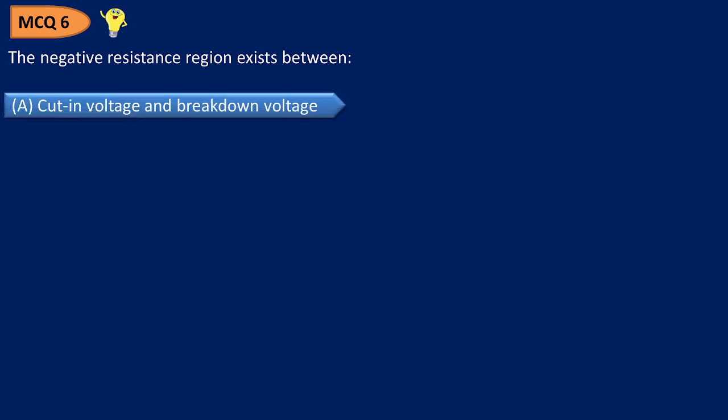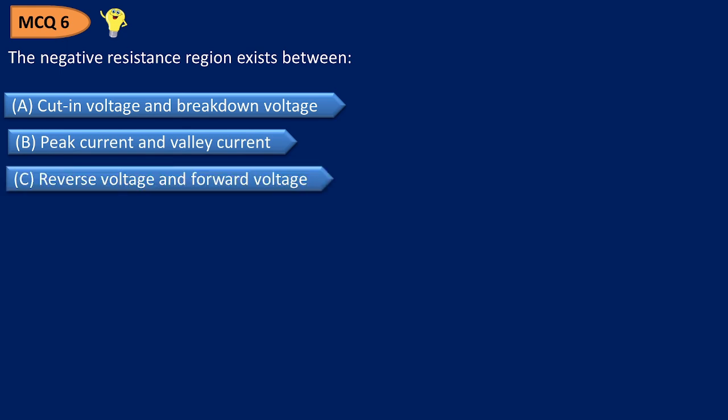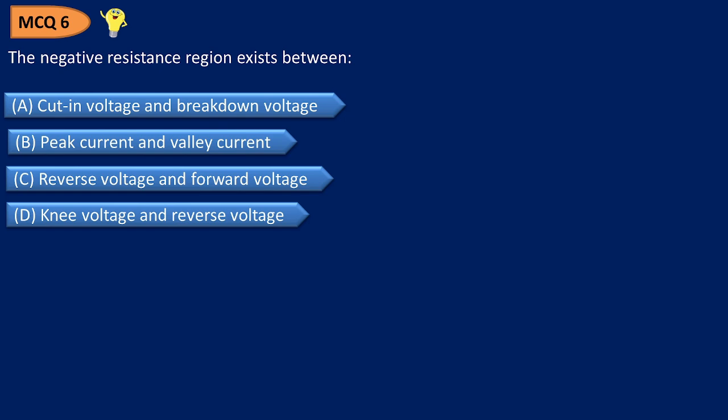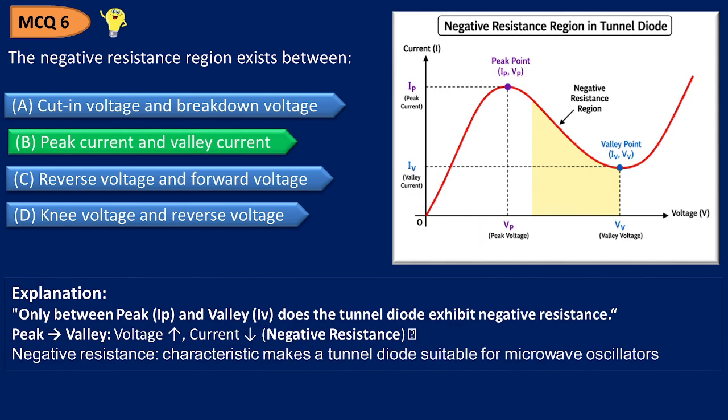Next, MCQ 6. The negative resistance region exists between cut-in voltage and breakdown voltage, peak current and valley current, reverse voltage and forward voltage, or knee voltage and reverse voltage. I show here the graph of its IV characteristics.